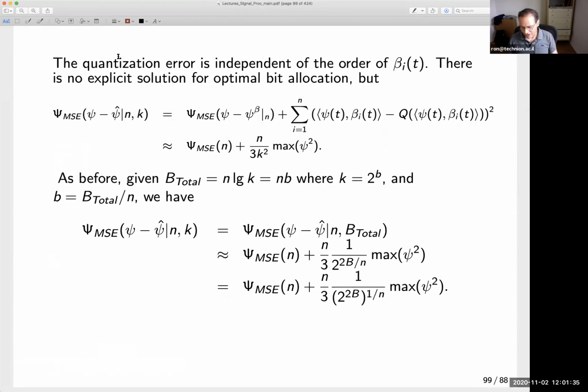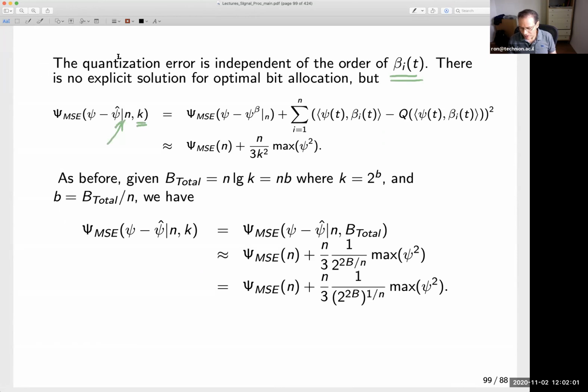So what I'm saying here is that the quantization error is independent of the order of beta i's, okay? And there is no solution for the optimal beta location, but what I can do is write the MSE of quantizing into k intervals and n functions that would at the end of the day look as follows.